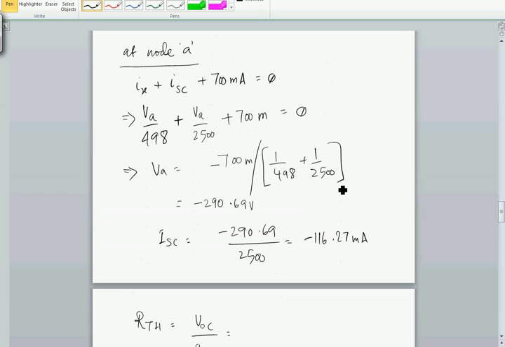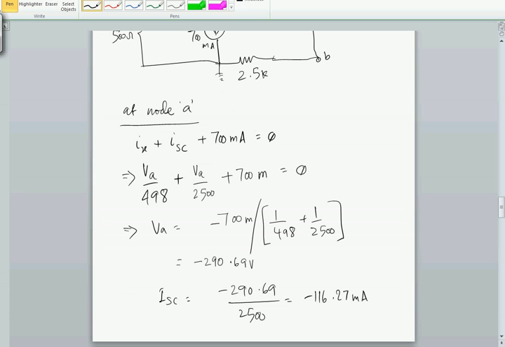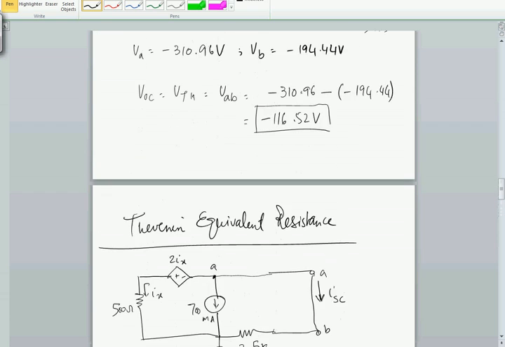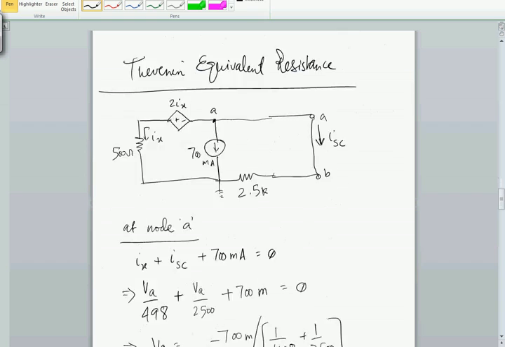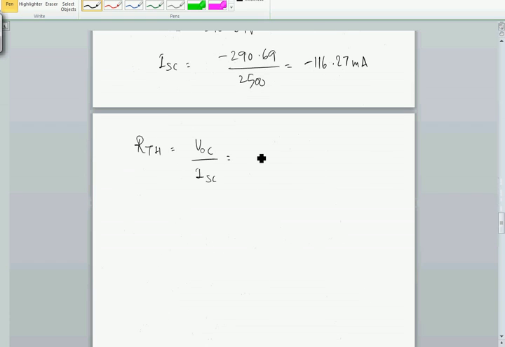So Thevenin equivalent resistance is going to be open circuit voltage, which is, let's go back up, negative 116.52 volt divided by negative 116.27 milli, so approximately equal to 1 kilo ohm.